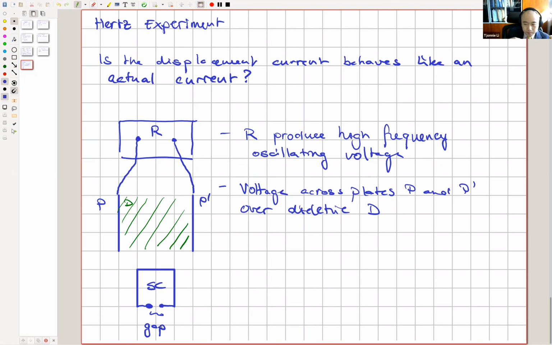Okay, that is a good observation. But what if I extrapolate this? What if I make the voltage high enough and this gap small enough? What do we expect to see? Sparks. Okay, very good. Ionizing the air, and if you make this voltage high enough, we expect to see sparks.